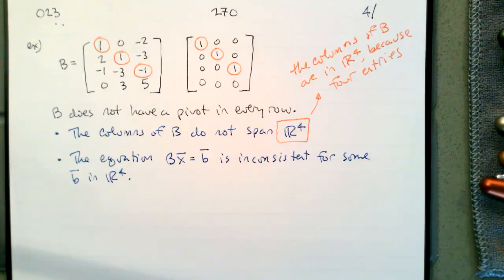We can't just negate the previous statement by saying not and then not changing the for all part. The opposite of consistent for all is inconsistent for some.